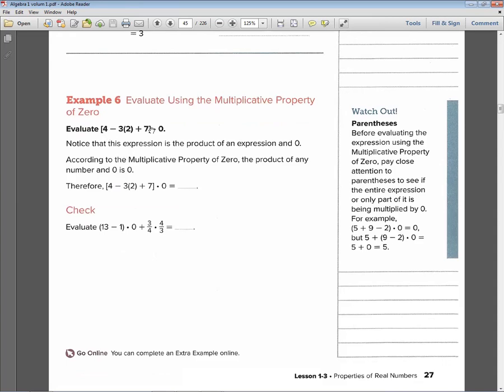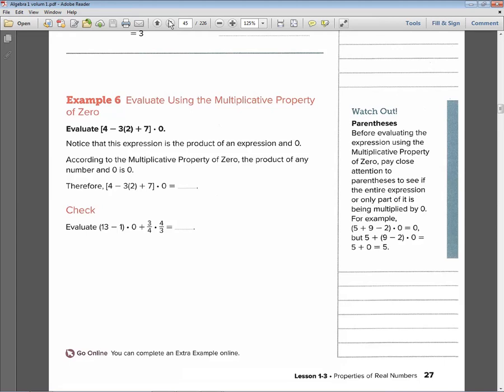Here the problem is: evaluate using the multiplicative property of 0. I have here a big bracket, 4 minus 3 multiplied by 2, with the 2 inside the brackets, plus 7, and another bracket multiplied by 0.